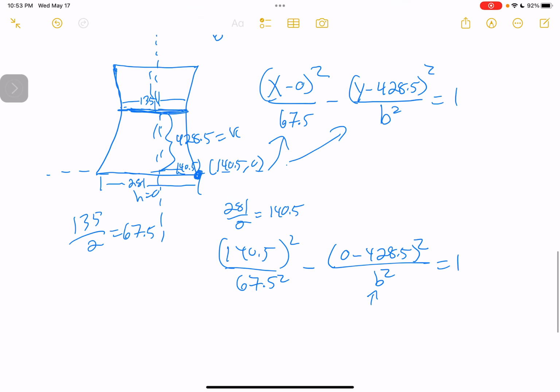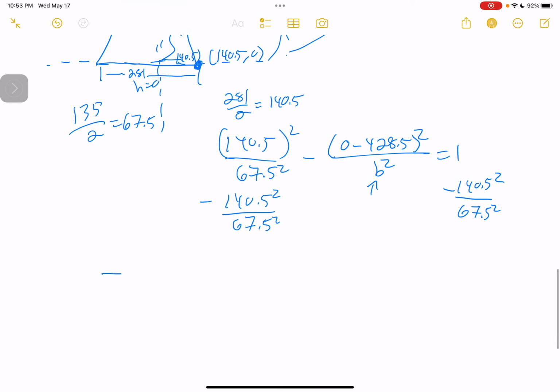So you'd subtract the 140.5 squared over 67.5 squared, and we end up with negative 428.5 squared over b squared equals 1 minus 140.5 squared over 67.5 squared. Again, we're trying to solve for this b.